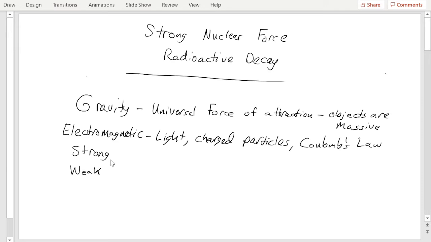The strong force is the force that binds nuclei together. And the weak force governs radioactive decay. Okay? So these are the four fundamental forces in nature that we know of.